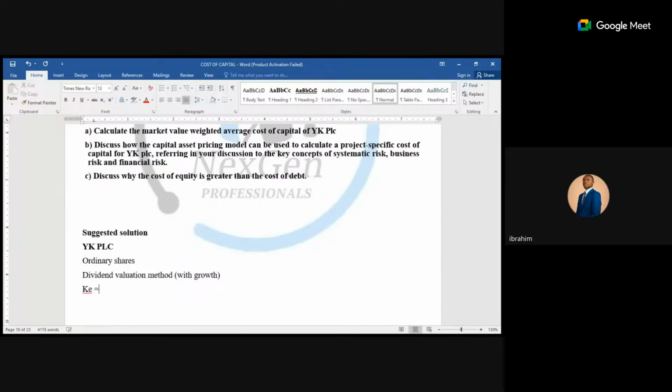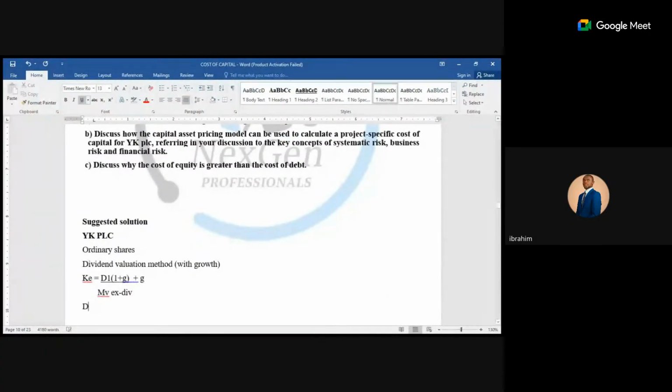So cost of equity is D1, that is D0 times 1 plus the growth rate, divided by the market value ex-div, plus the growth rate, where D0 is the current dividend.